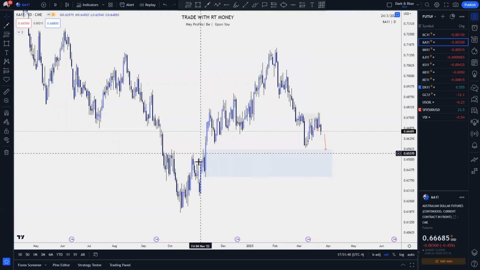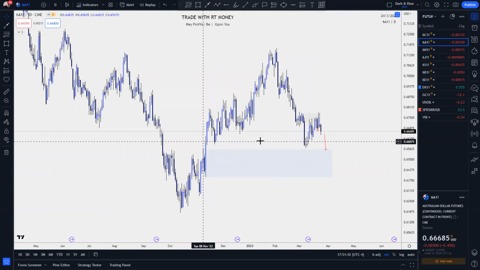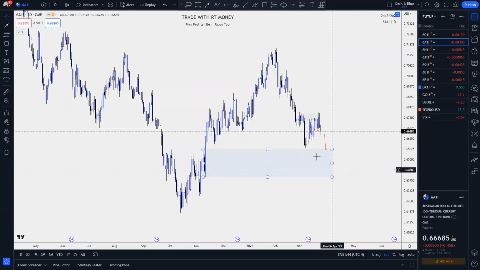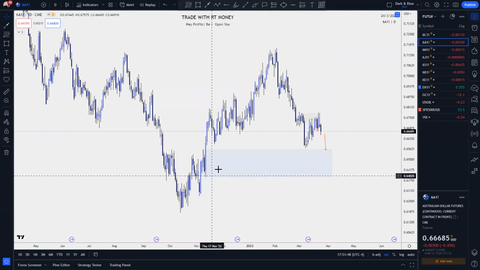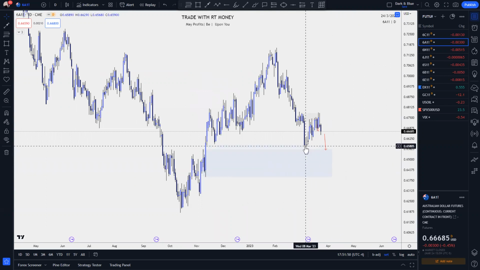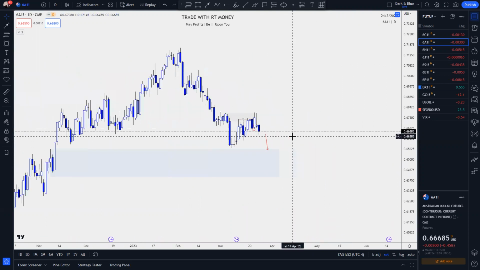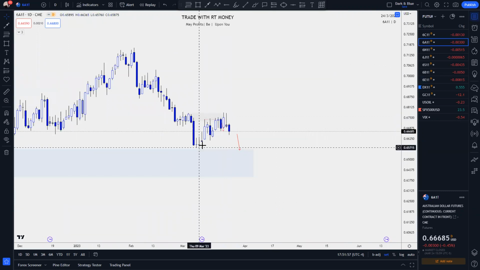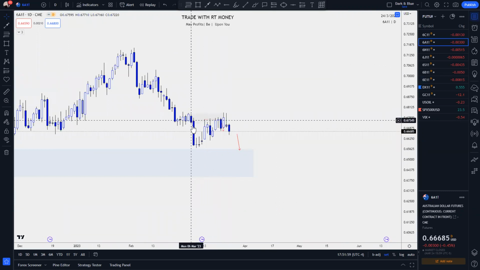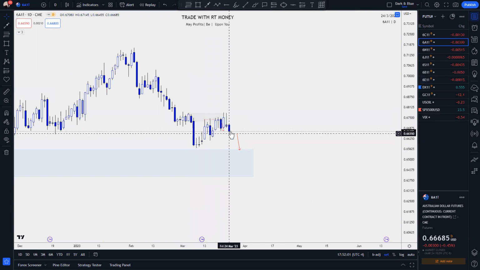All right. And we have yet to touch this demand zone, which I said weeks ago that that's where I'm waiting for price to come to, this unmitigated demand zone. All right. Price pulled back and chopped about, right? But it is a corrective move after an impulsive one, and I'm waiting for price to come down further.